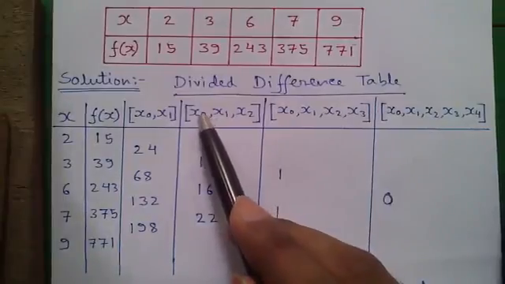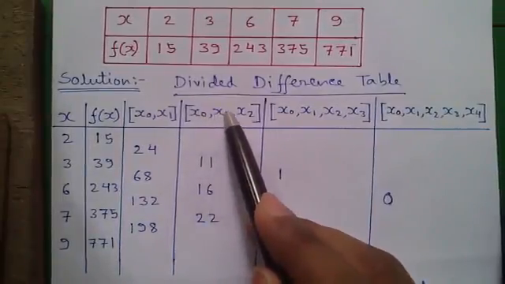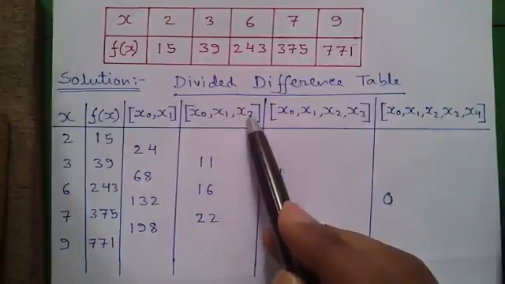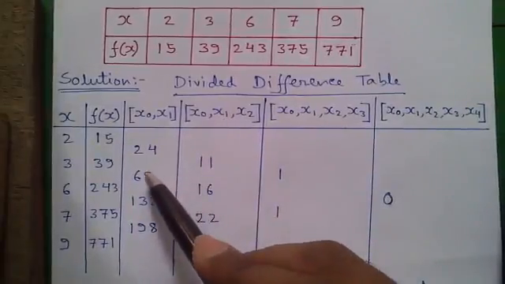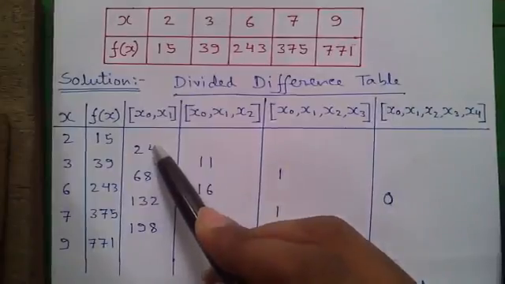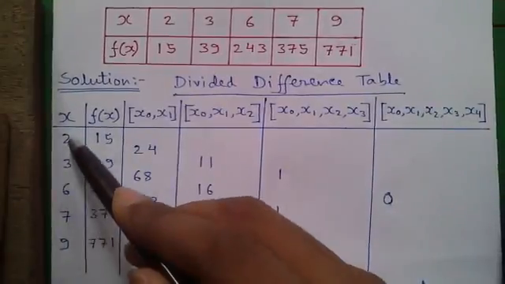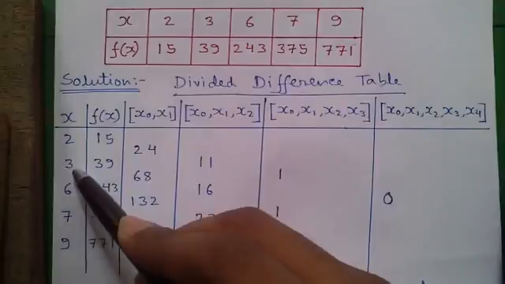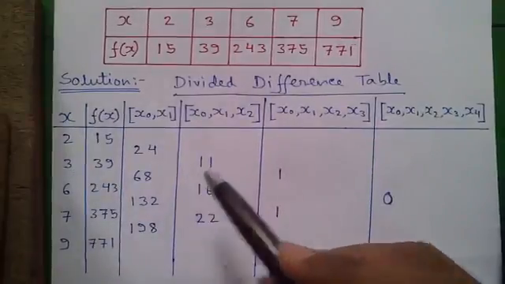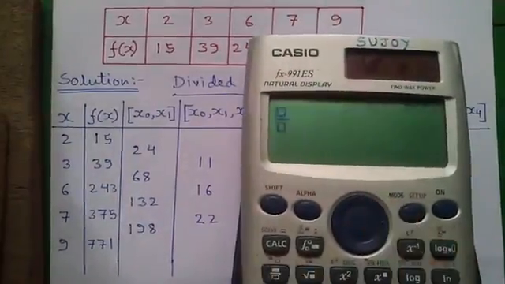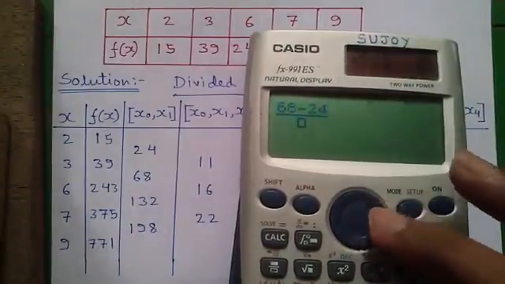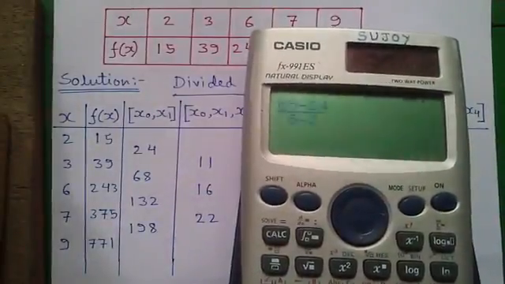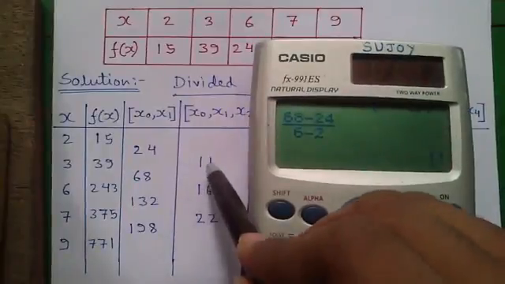Next we will come to next column, that is x0, x1, x2. So this number can be obtained by 68 minus 24 divided by 6 minus 2 with a gap of one number, that is 11.